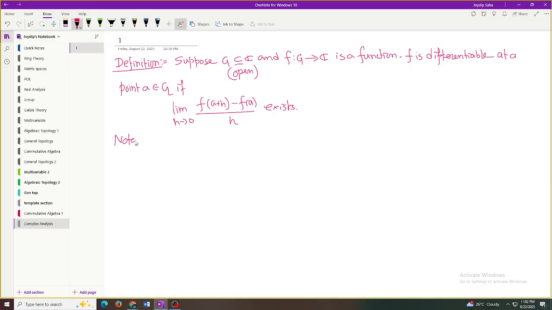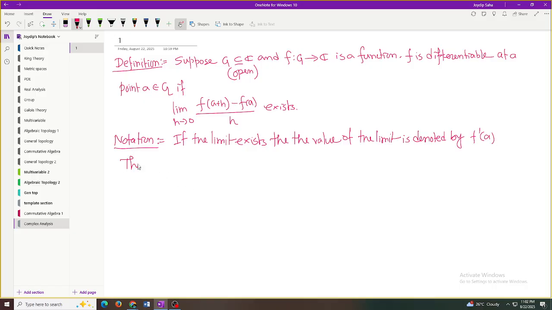Notation: if the limit exists, then the value of the limit is denoted by f dash a.